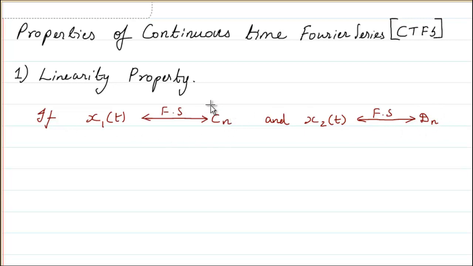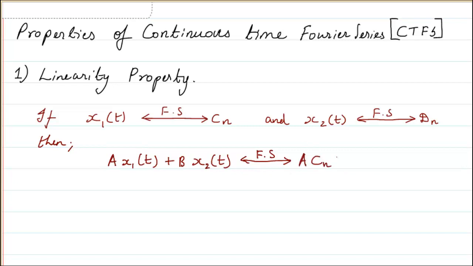So if x1 results in Cn and the Fourier series of x2 results in dn, then according to the linearity property, a times x1 of t plus b times x2 of t will give a Fourier series which is a times Cn plus b times dn.